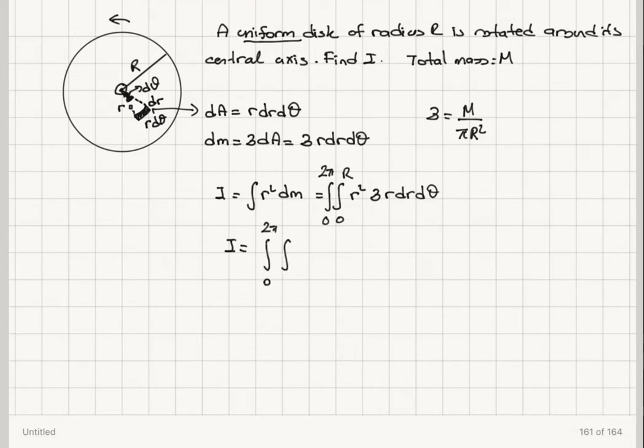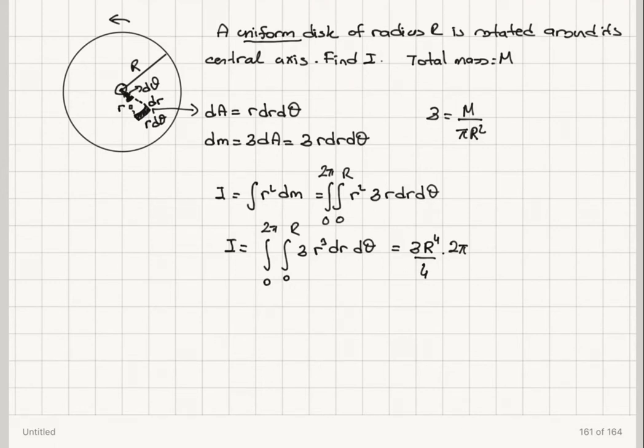So let me write this in a nicer way. Integral from 0 to 2 pi, integral from 0 to R, sigma r cubed dr d theta. If I perform this integration, I get sigma r to the 4 over 4, that's the r integral. The theta integral is independent, it just gives me the angle, so it's 2 pi.